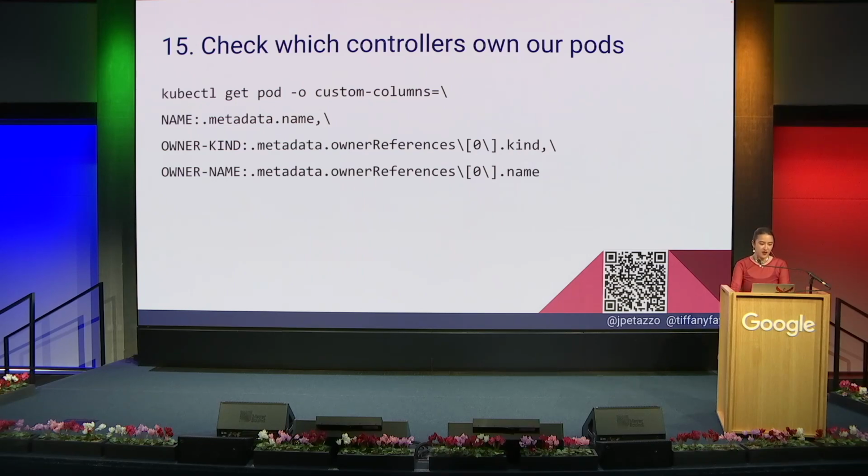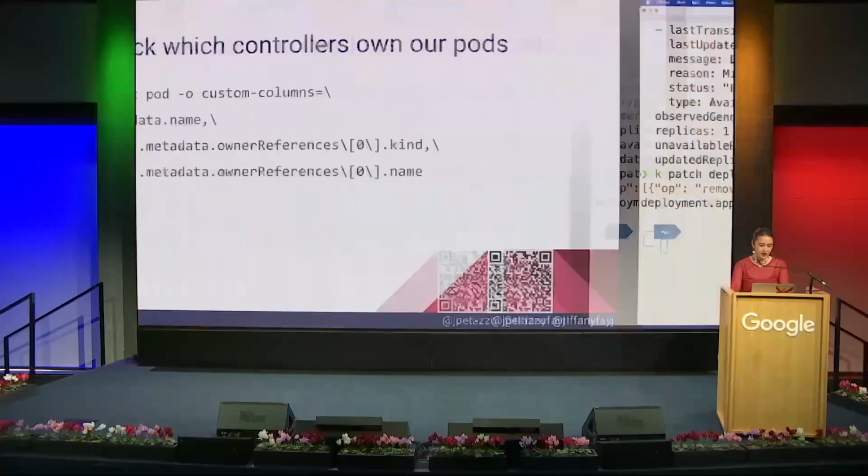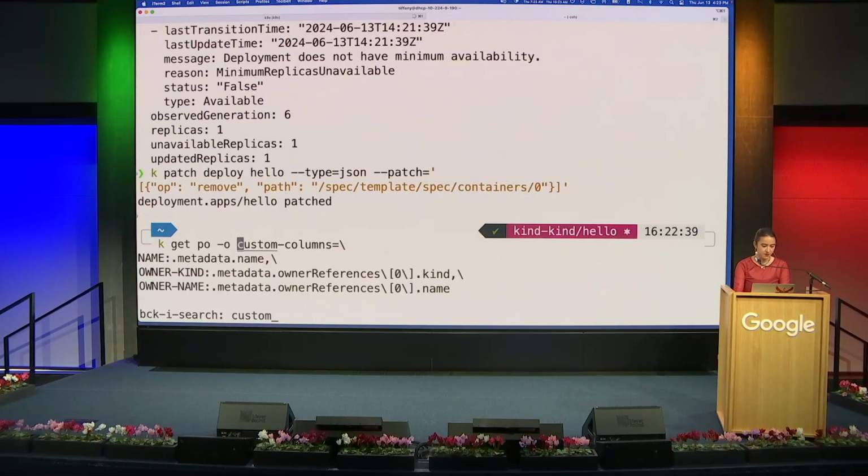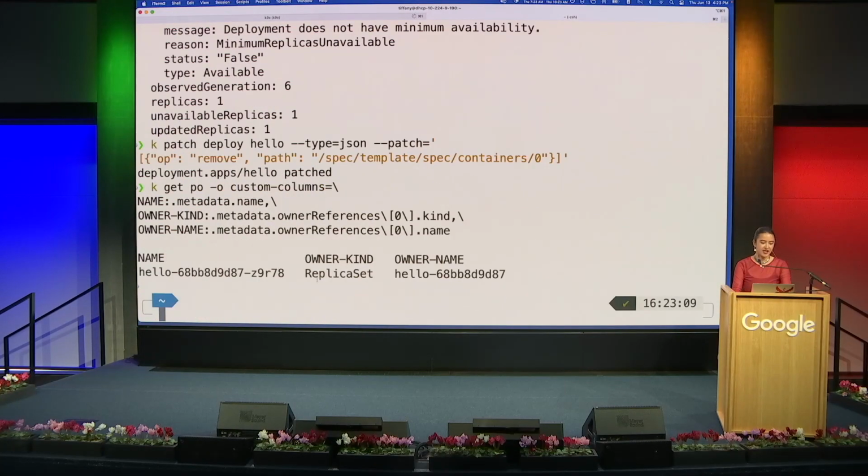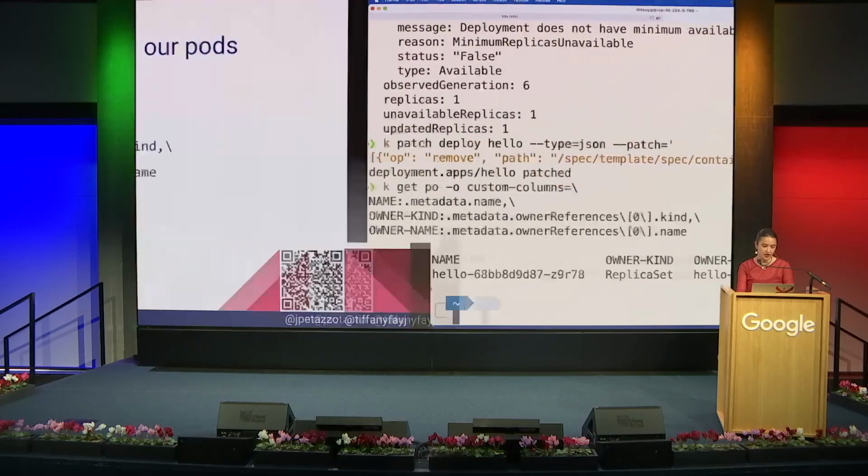So if I go back over here, we can see that we have this pod that is owned by a replica set since, well, if you're creating a deployment, it creates a replica set, which creates a pod. So especially if you have some sort of custom resource, that can be pretty helpful for figuring out who owns that, or what owns that, I guess.